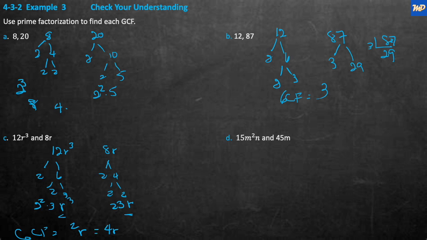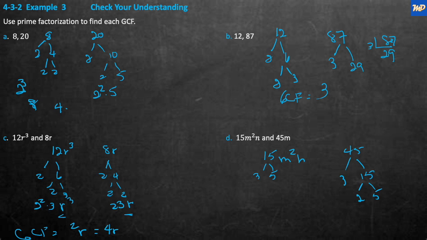Okay? So then let's try this one. Again, 15 breaks down into 3 and 5, and we're done. We have 15m squared n, and 45m. 45 breaks down into what? It breaks into a 3 and a 15, and the 15 breaks into a 3 and a 5.